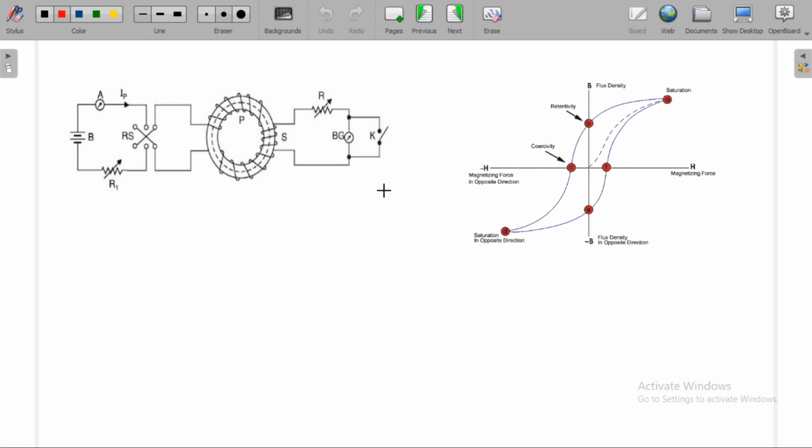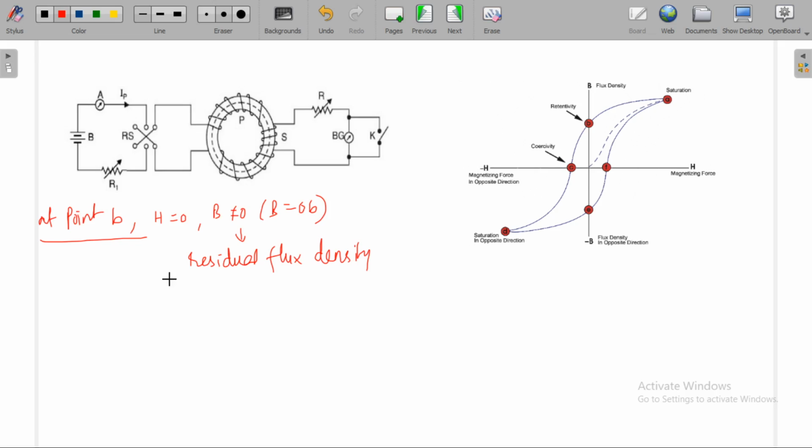Okay, now here at point B, even though the H is 0, B is not equal to 0, and B is equal to OB. This is called residual flux density.